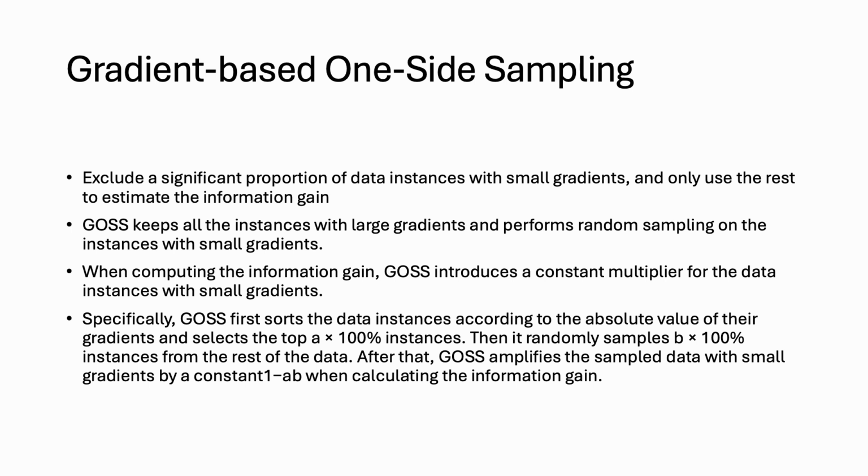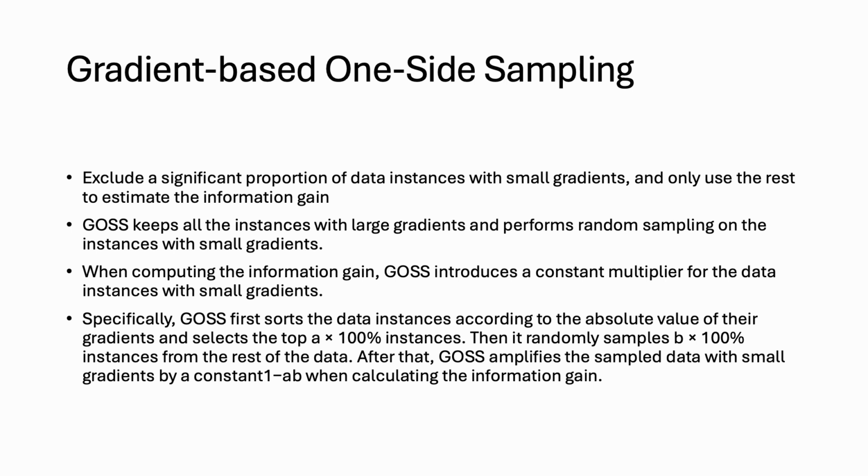gradient-based one-side sampling first sorts the data instances according to the absolute value of their gradients, and selects the top a multiplied by 100% instances. Then it randomly samples b multiplied by 100% instances from the rest of the data.